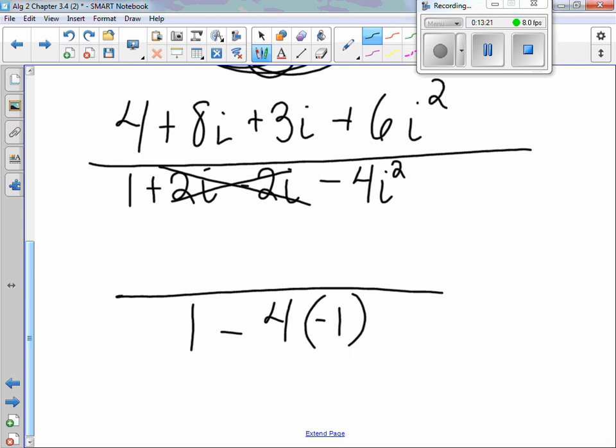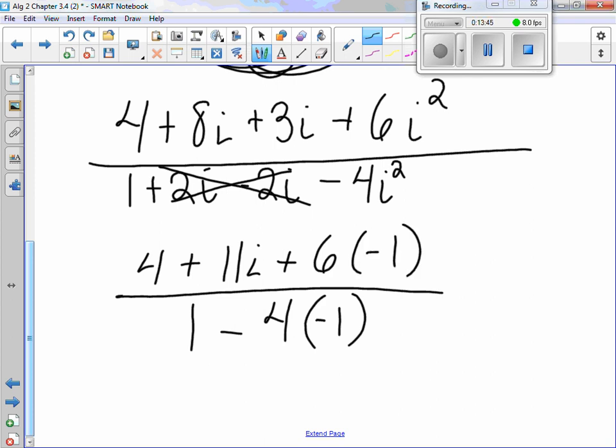No, so that's what we wanted. Now in the numerator, well, I have 4 and 6i squared. They're going to eventually combine, yes? Because i squared is a negative 1. We'll do that in a minute. So I'm going to leave 4 alone for now. But 8i and 3i will combine to give me what? 11i, yes? Well, i squared is negative 1, yes?